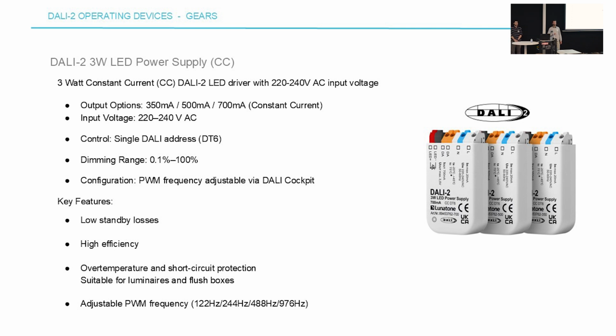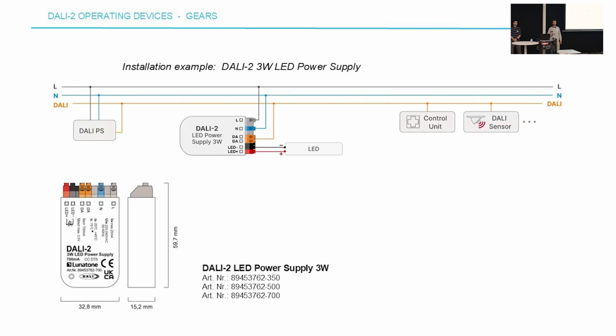It is a DT6 device, so it's a one-channel LED dimmer, and some key features are low standby consumption and high efficiency. It's more used for smaller installations, not like the PD300. It often gets used with status LEDs or with small LEDs, for example, in bathrooms or in hotel rooms where you have maybe a light stand lamp that doesn't need too much power.